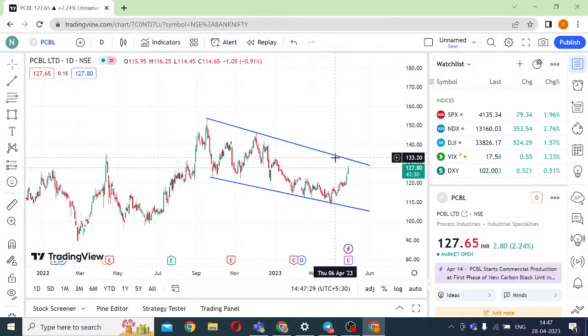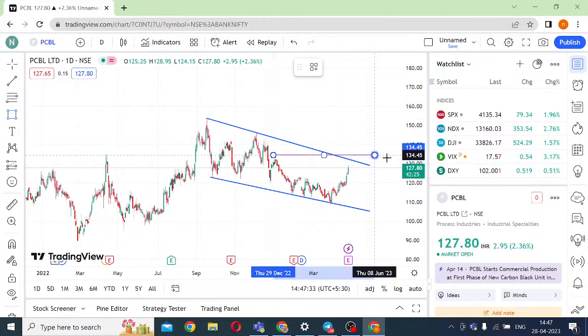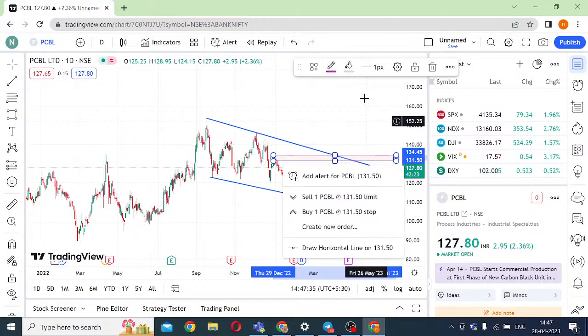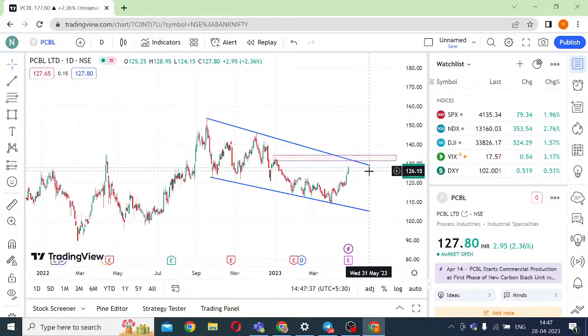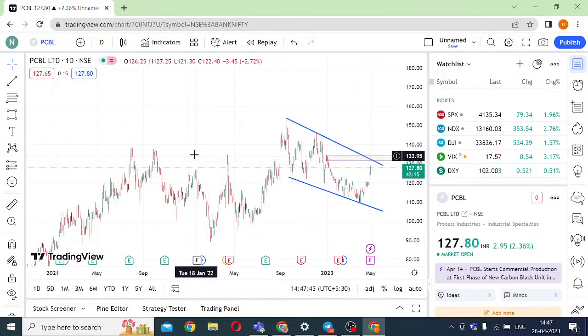This area, I think it should give some resistance, but I'm assuming this one would be a cash market pick for you, as in you would have taken it from a long-term standpoint. The chart overall looks good, but around 130 to 135, it will face resistance.